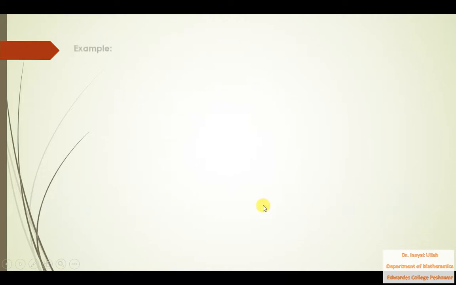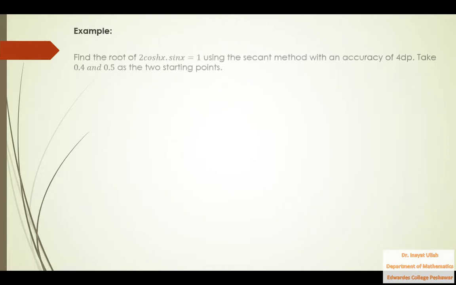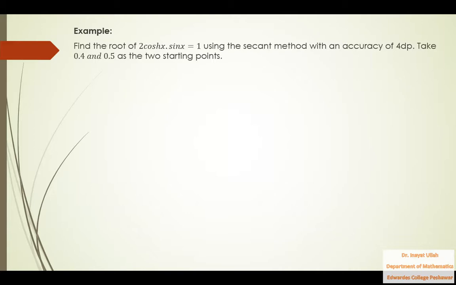So let us solve an example. Find the root of 2 cosh x sin x minus 1 equal to 0 using secant method with an accuracy of 4 decimal places. Take 0.4 and 0.5 as the two starting points.